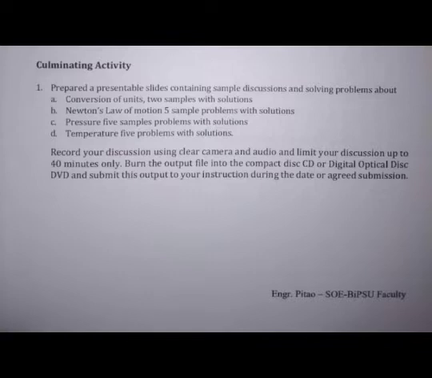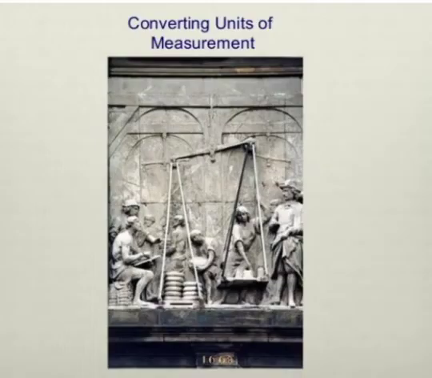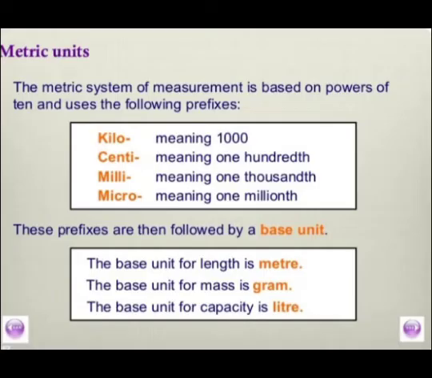So let's proceed to the first one, which is the conversion of units. Converting units of measurements. The metric system of measurement is based on powers of tens and uses the following prefixes: kilo meaning 1,000, centi meaning 1/100, milli meaning 1/1000, micro meaning 1 millionth.